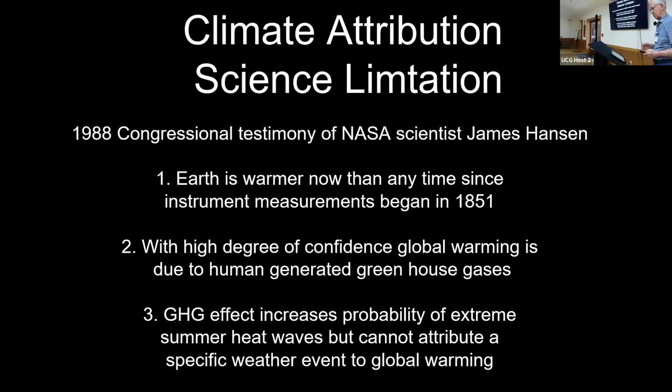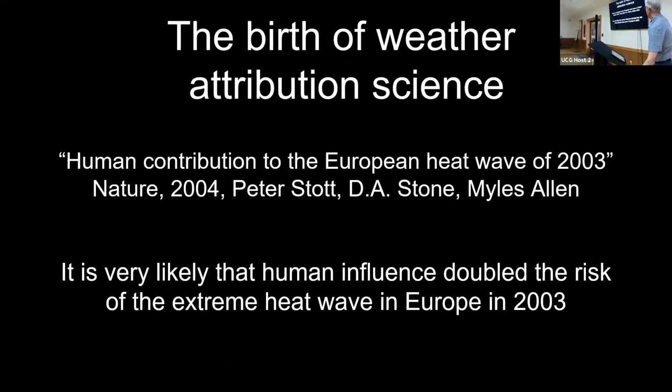And this happened in 2004 when a group from Great Britain, I'll give you the slide, there it is. Excuse me, I should say the United Kingdom, from the University of Oxford and the meteorology office for the country, published a paper in Nature titled "The Human Contribution to the European Heat Wave of 2003." 70,000 people died as a result of that heat wave in 2003.